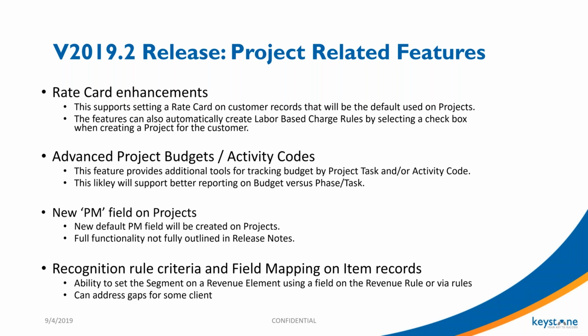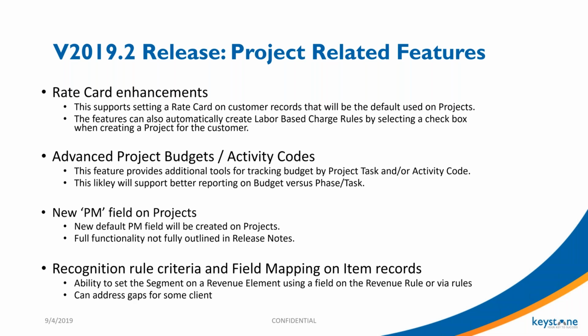And then the last one, revenue rule, recognition rule criteria and field mapping on item records. Again, this relates to some of the things that Sarah talked about earlier, having to do with the ability to define when and how to use new revenue rules for project-based elements.